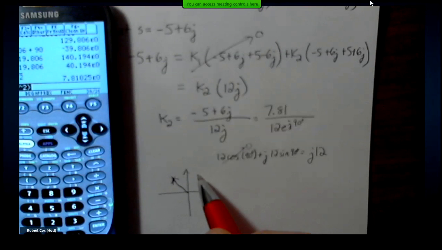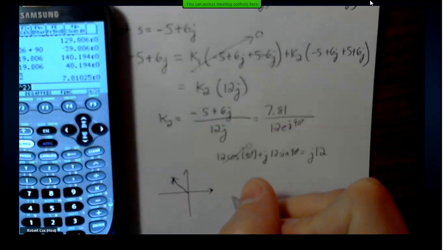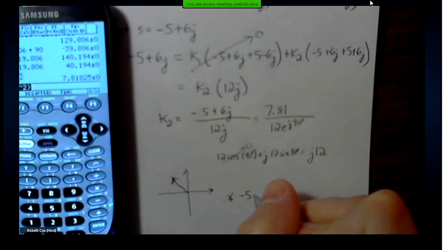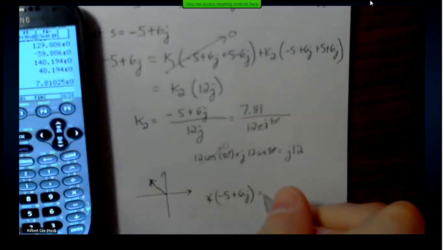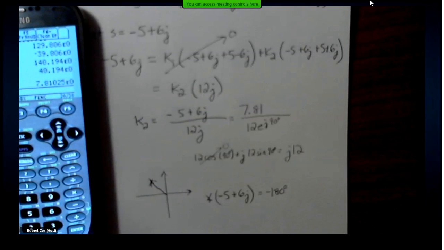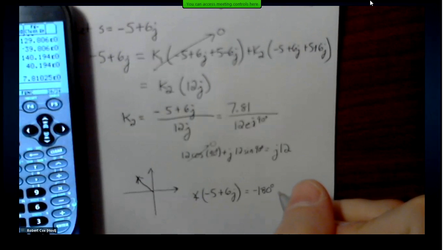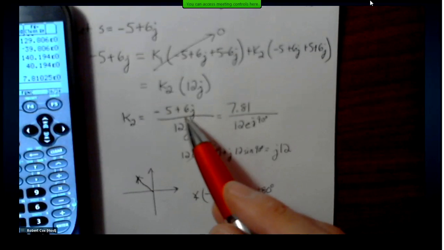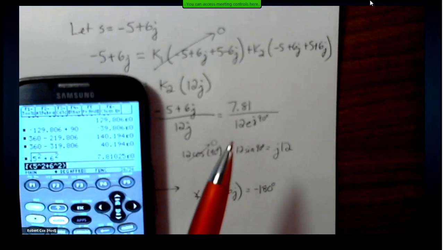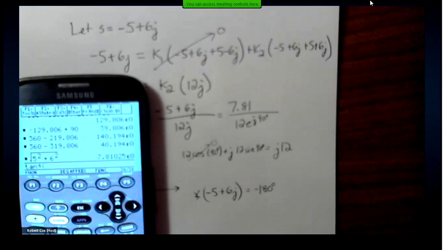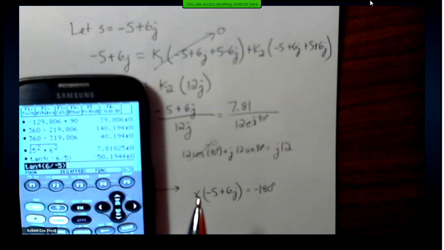Arctan only gives me stuff in the first and the fourth quadrant. So in this case, I say that the angle of minus 5 plus 6j is equal to minus 180 degrees plus whatever arctan I get from this guy. Let's see. Arctan of, in this case, 6 divided by minus 5, is negative 50.1944 degrees.